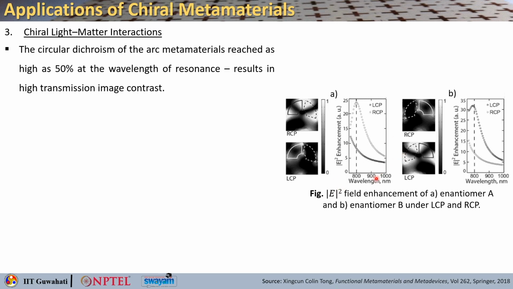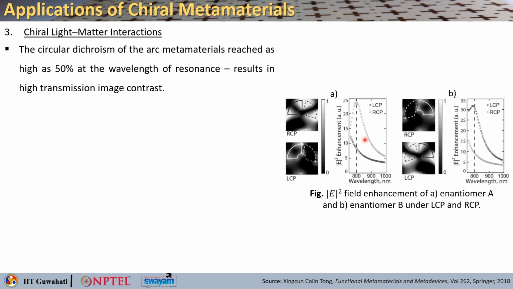Here we are particularly showing the E square enhancement in both cases. This is for enantiomer A, this is for enantiomer B under LCP and RCP light. This one is LCP, this is RCP. There is a difference, and that is shown here. These are simulation data.